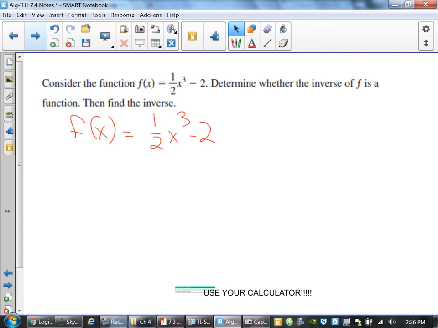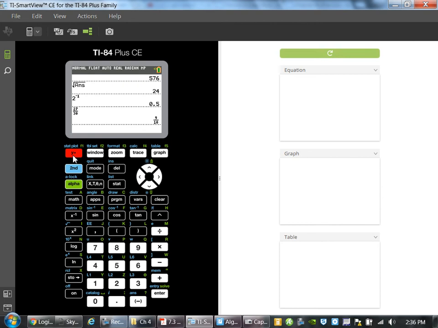Okay? So in the calculator, y equals, what was it, 0.5 x cubed? Was it minus 3, minus 2? Minus 2. Thank you. And if I graph that, it appears as though that would, in fact, pass the horizontal line test.